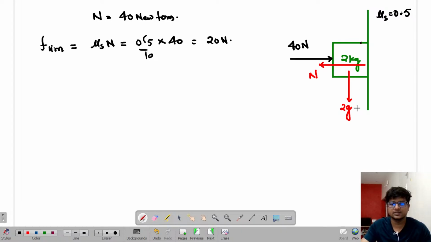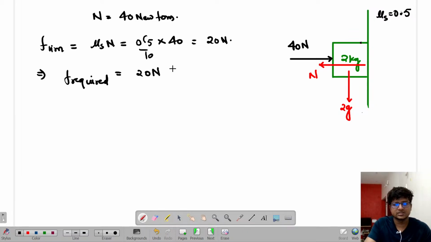And I applied a force of how much newton over here, this 2g is how much? 20. So look over here, what is going to happen? F required, means required friction to stop it, is just 20 newton, which is basically less than my F limiting or not.